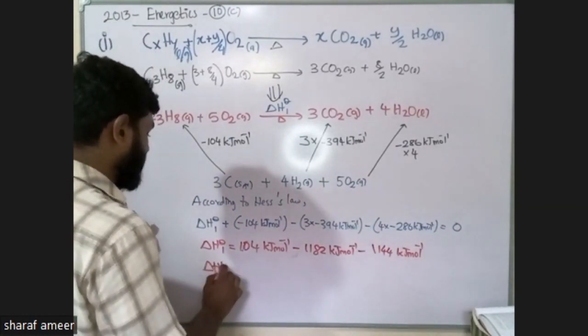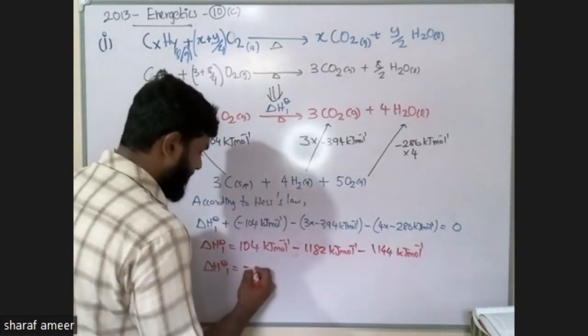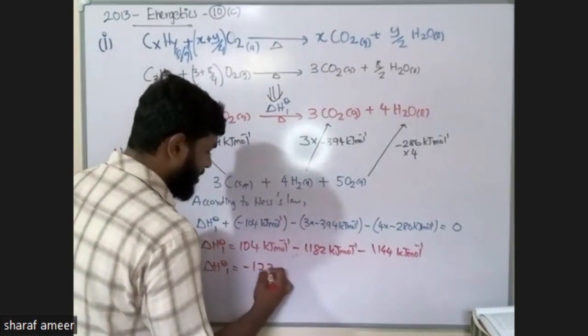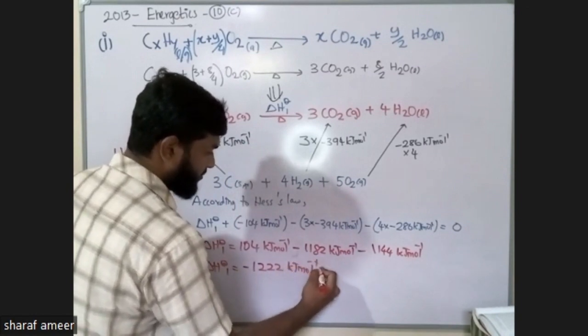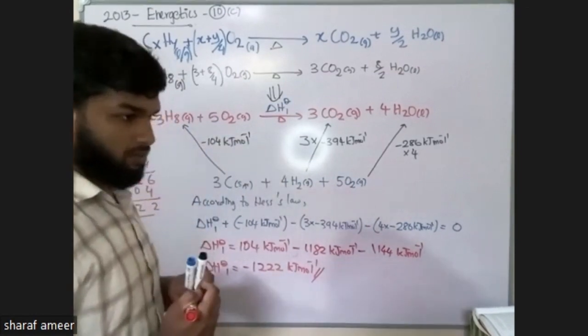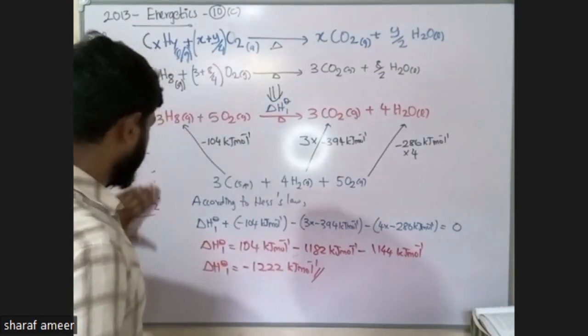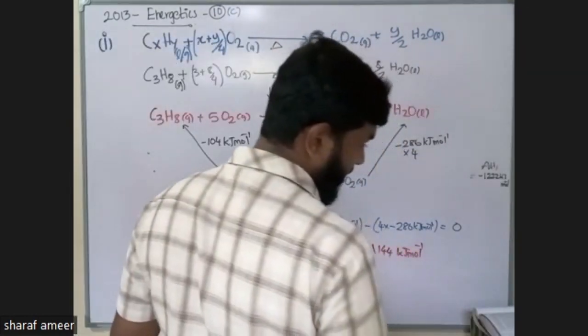So delta H theta 1 is equal to, the answer is going to be minus 122 kilojoule mole minus 1.